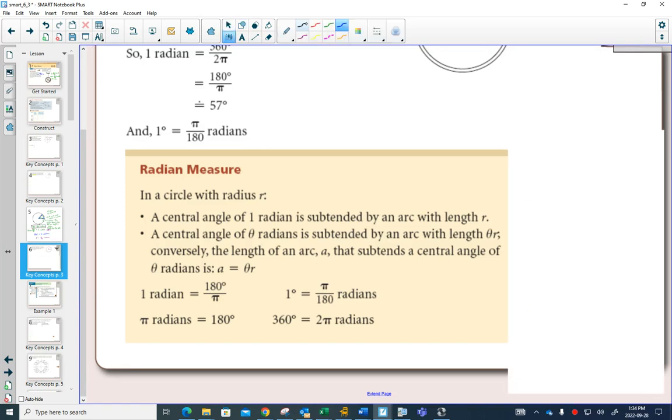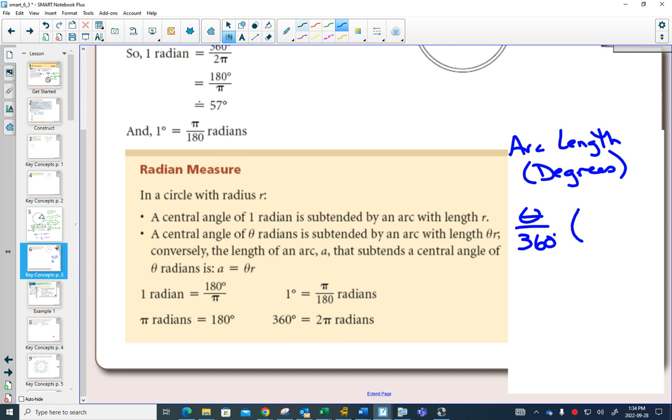We are now going to change our arc length formula, because remember when we did our arc length in degrees? We had the arc length was the angle out of 360, because that was the proportion times the circumference. And we use the letter S for arc length.